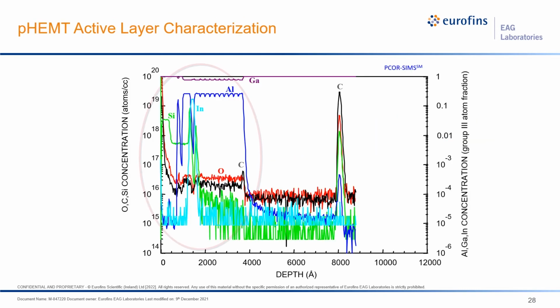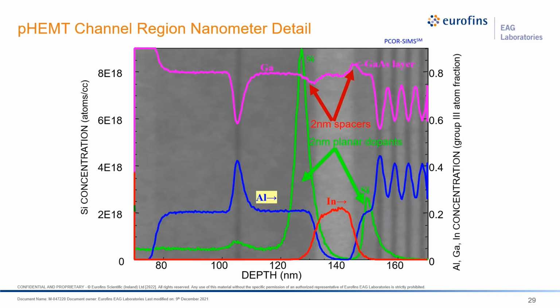But over time, most of our engineer customers wanted to have a more intricate study of the channel region. So we needed to measure these delta dopants in great depth resolution with accurate concentrations from InGaAs to InGaAs, etc. And the point was to be able to measure the spacer thicknesses.